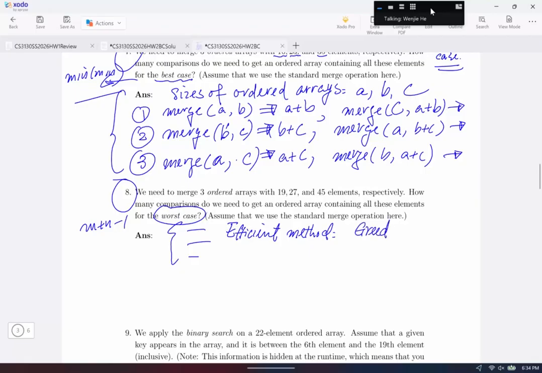Remember, I talked about the greedy algorithm in module 1, part B.